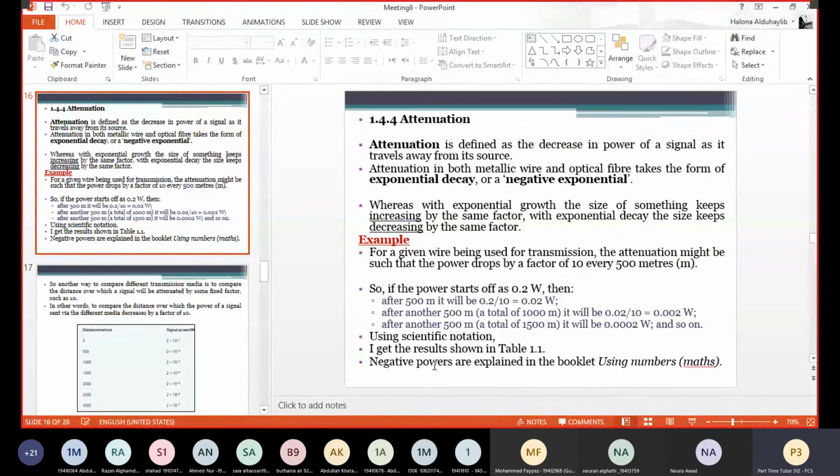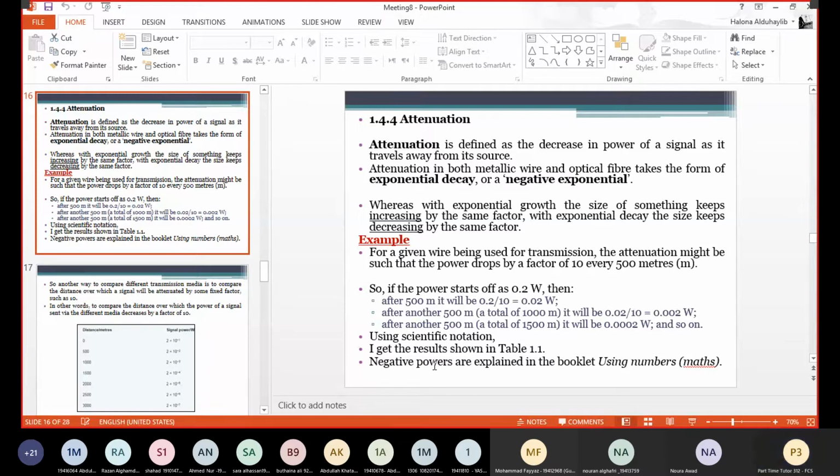We have a wire used to transfer data. The attenuation for this wire might be such that the power drops by a factor of 10 every 500 meters. So every 500 meters, the power of 10 is reduced by 1.